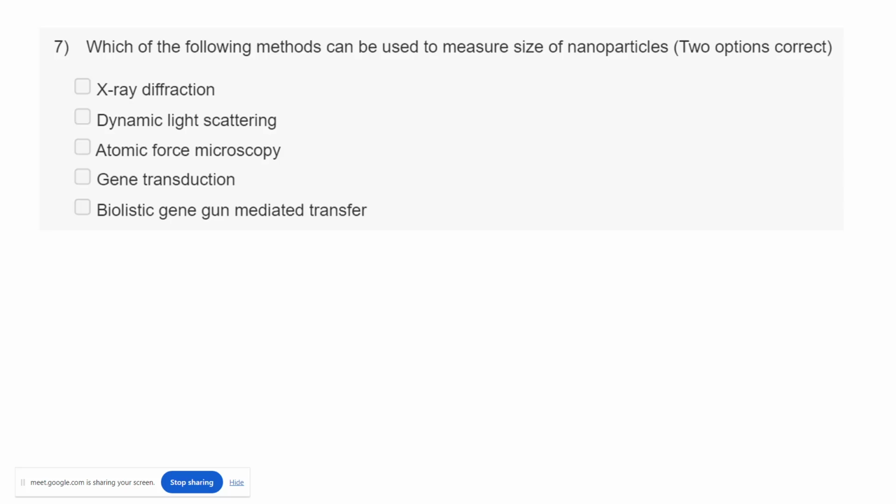Anyone else? Apart from option 1 and 2 or 2 and 3.